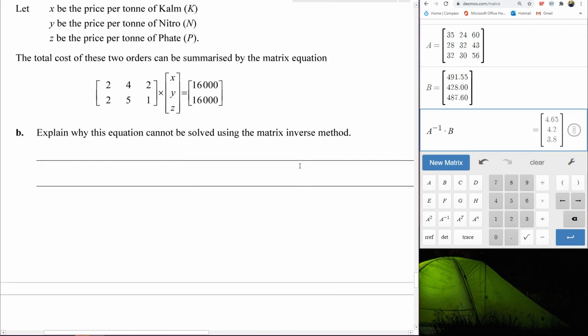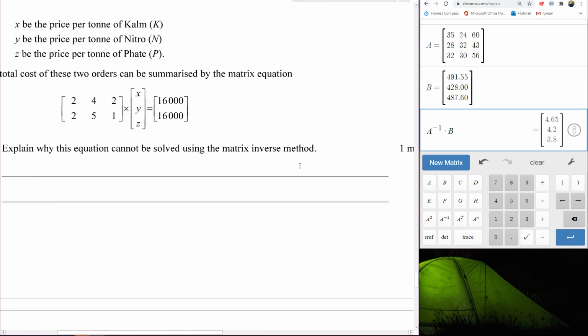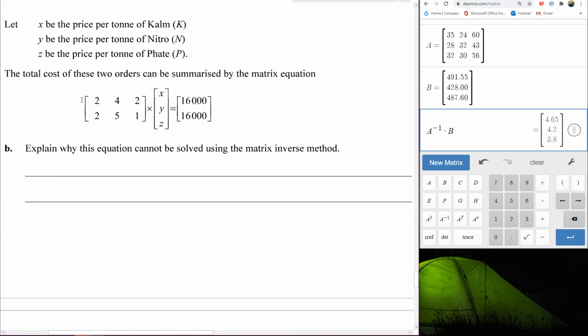Now, the really simple answer for why it cannot be done is if you look at this matrix, this is a 2 by 3 matrix. Remember that when it comes to doing these kinds of equations, especially with inverse matrices, if you look back at your notes for inverse matrices, you can only do an inverse matrix when it's a square matrix, which means there's the same number of rows and the same number of columns.